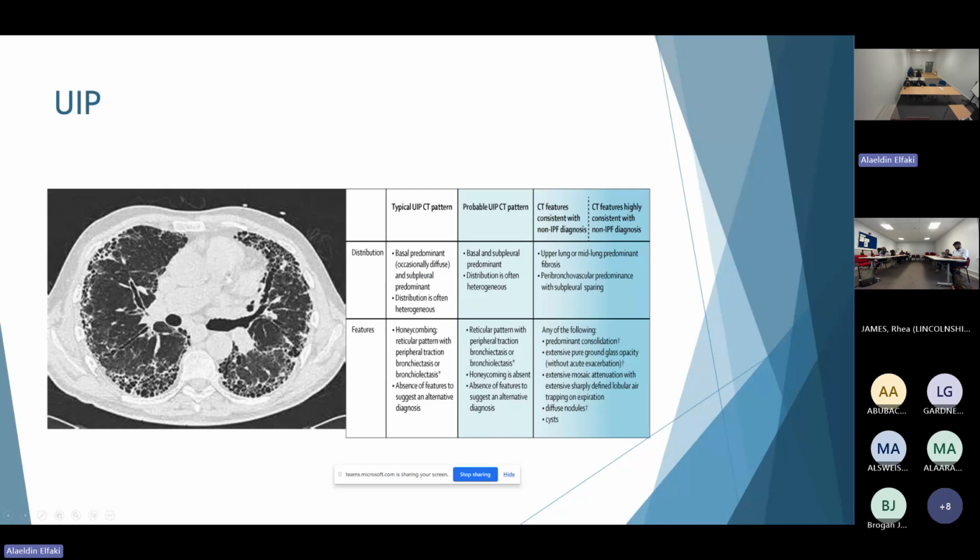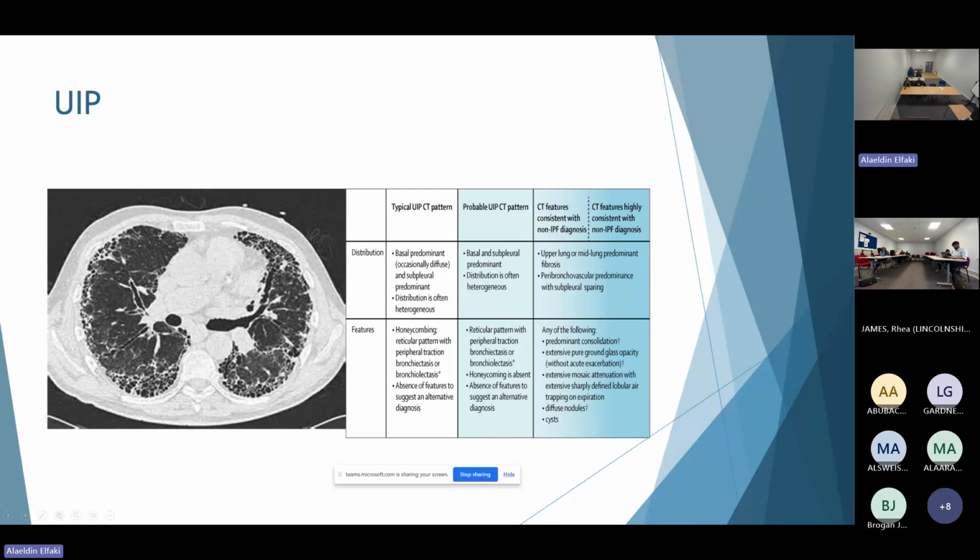If we see here, it is subpleural. It is affecting the lower lobes, and there is traction bronchiectasis, and there is no consolidation or ground glass changes. So the absence of ground glass changes in the presence of honeycombing, subpleural, lower lobe, and traction bronchiectasis. This is the typical UIP pattern of lung fibrosis.